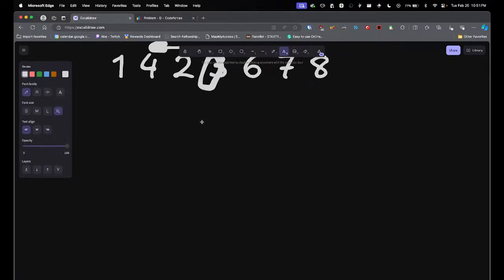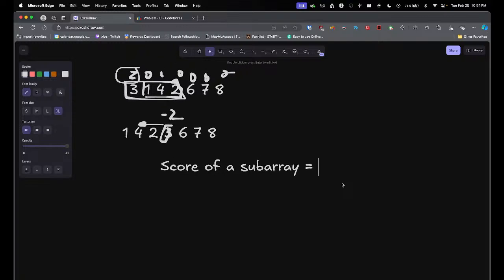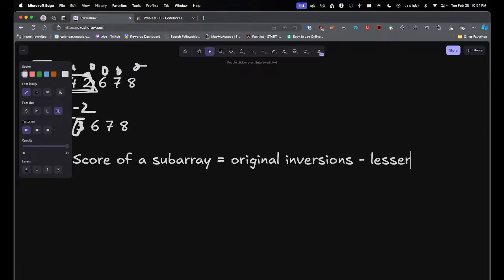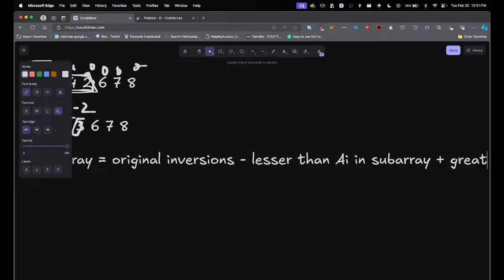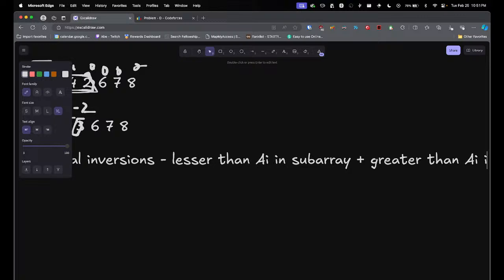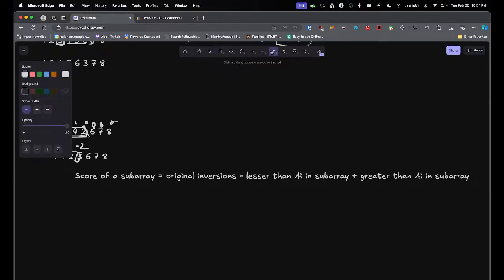So if I take a subarray, the score of a subarray is equal to, first of all, the original inversions, minus the lesser than ai in the subarray, plus the greater than ai in the subarray. That is it. That is my score.